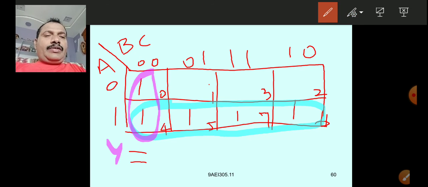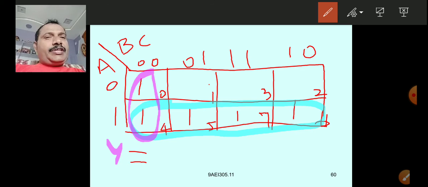Let me write first for the quad. Always you have to write for the quad first. If there is an octet, you have to write first for the octet. That is the procedure you have to follow. Let me write for the quad.